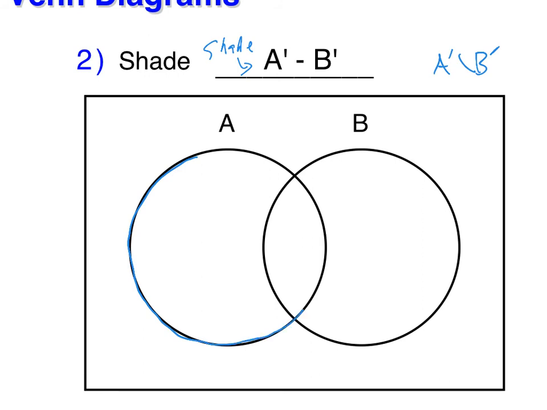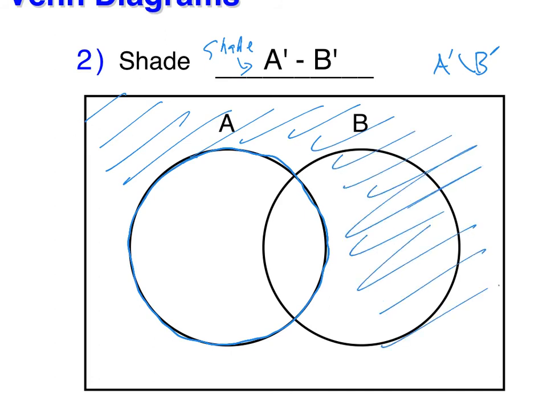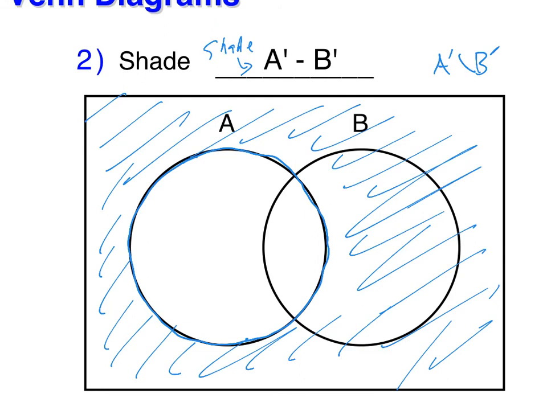So that is the complement of set A, or that is not A. So we want everything that is not in set A. That would be all of this. And then we want to erase the complement of set B. So let me highlight set B. And we want to erase the complement of that. So we're going to erase everything that is outside of that set.